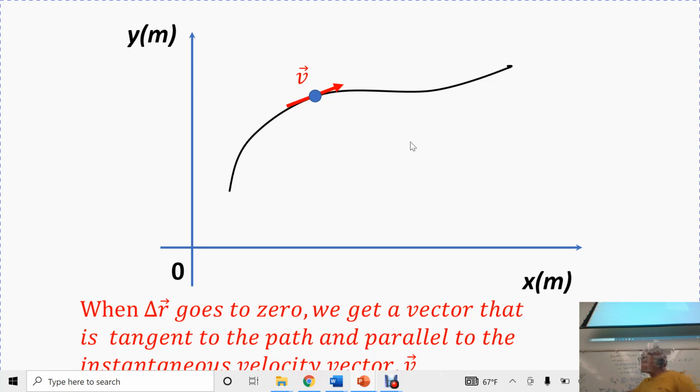As delta y and delta x go to 0, this ratio is equal to dy/dx, which should be tangent to the curve. So that's how we figure it out mathematically.